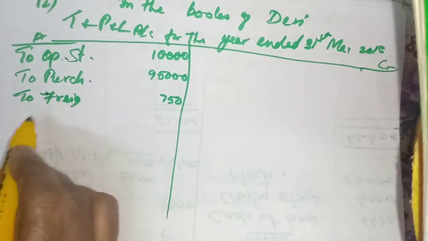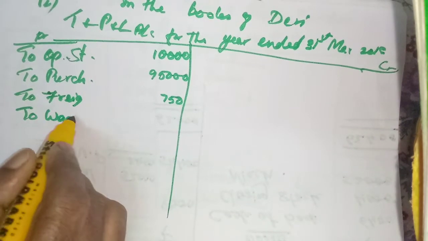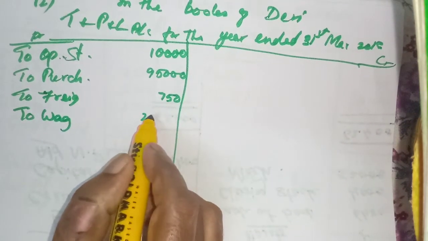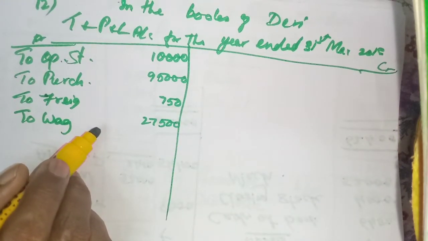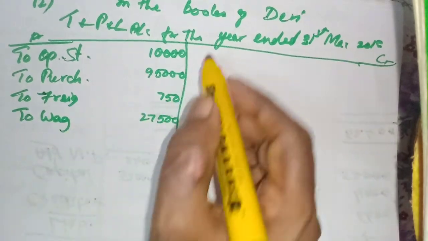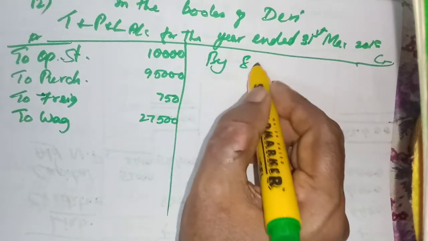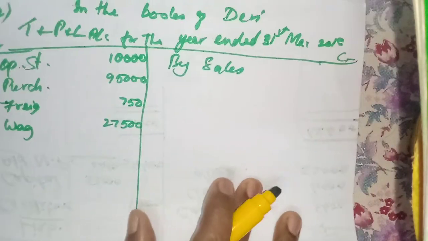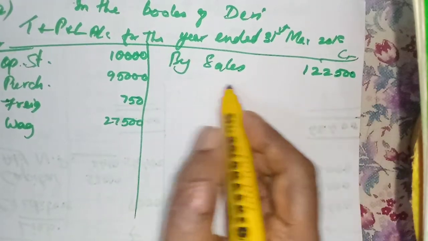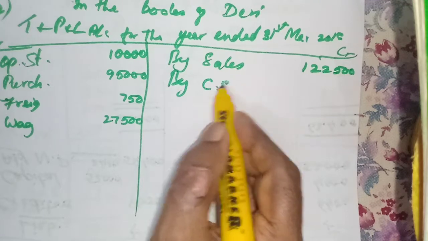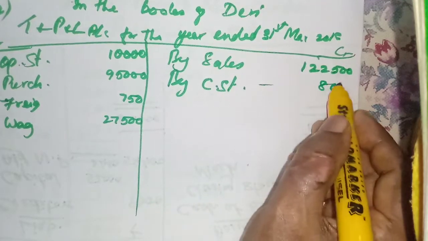Okay, then wages 27,500. Then postage, office, leave it, that's all. Then by sales 1,22,500. Then closing stock given 8,000.